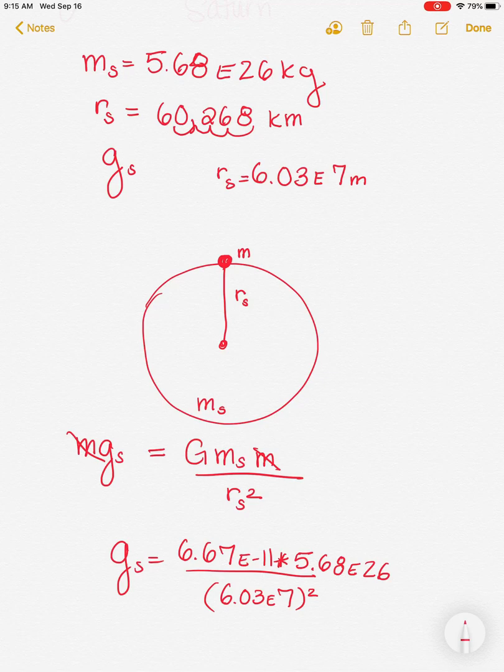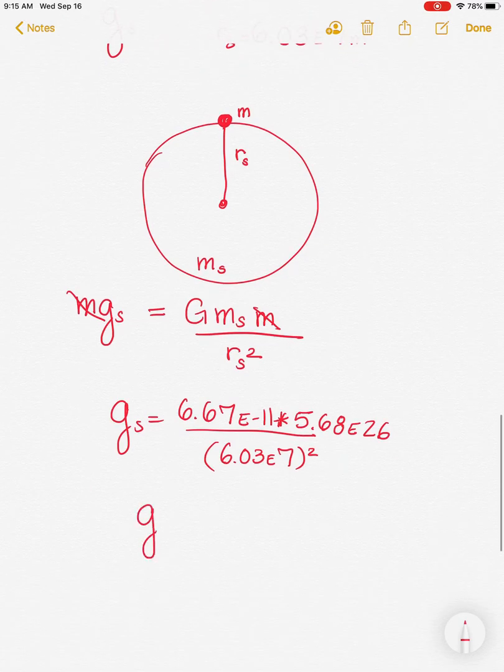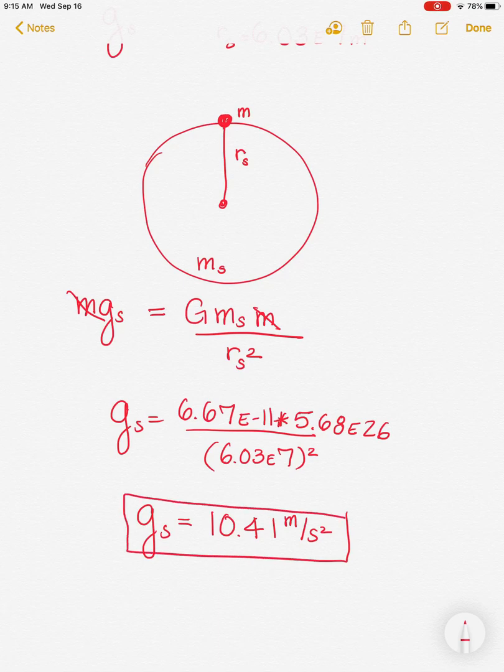When we plug that into our calculator, we get the gravitational acceleration of Saturn is equal to 10.41 meters per second squared. So that is how we can solve for the gravitational constant of any planet.